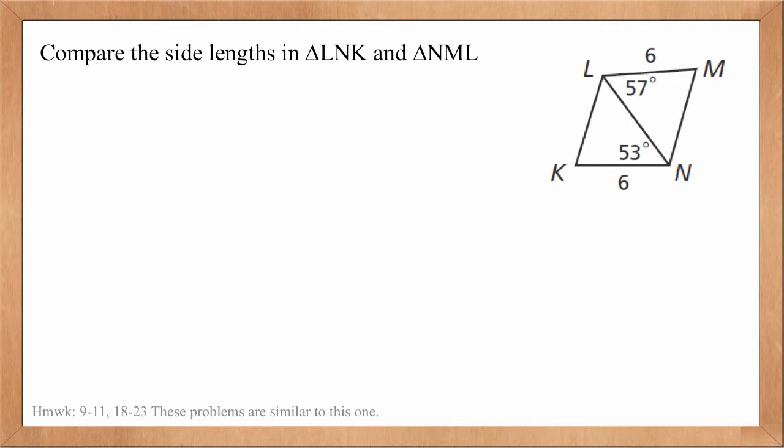Compare the side lengths in triangle LNK and triangle NML. We know that LM is congruent to KN. They're both 6. We also know that LN is congruent to LN by the reflexive property.